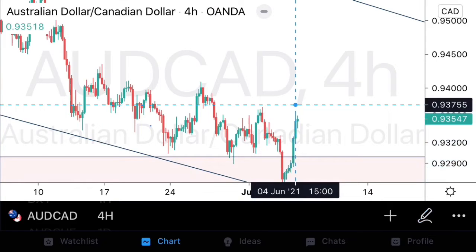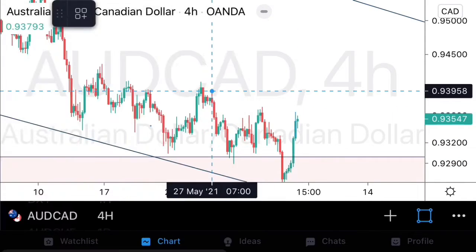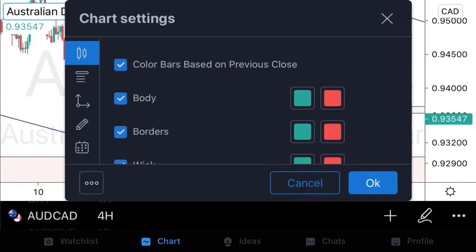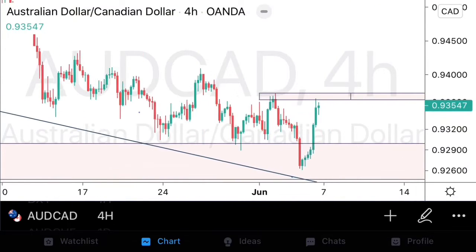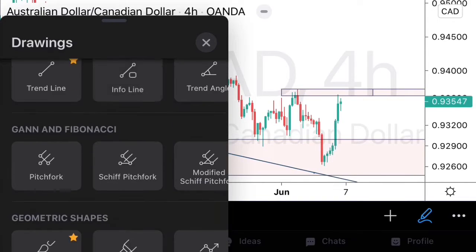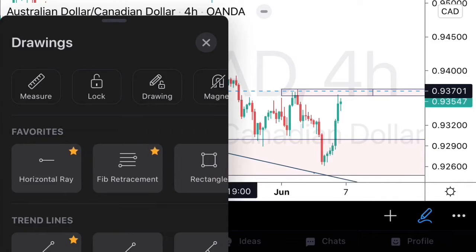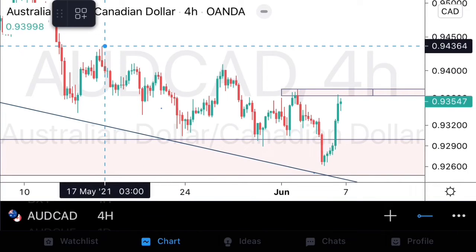Now we know from an H4 perspective that these are previous structural highs that are holding this market to the downside, and we know that these are our extreme structural highs on AUDCAD.